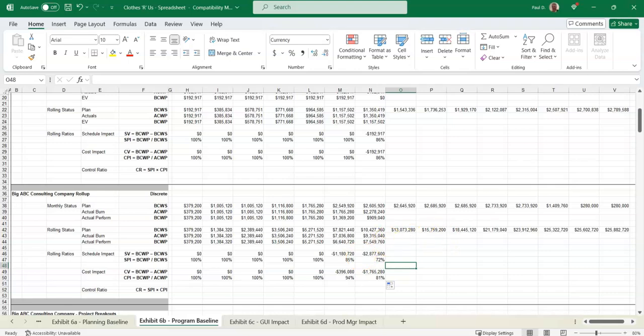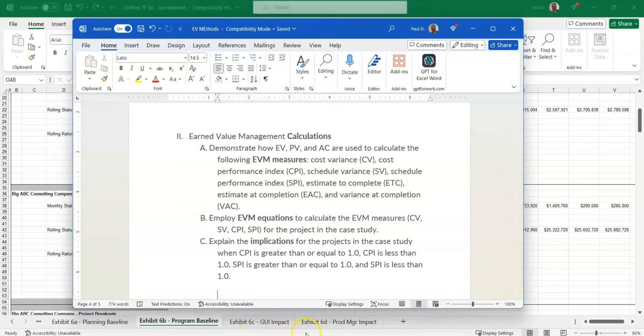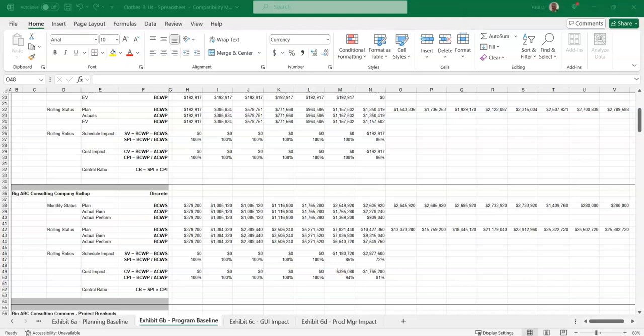And then you'll see the third section here, 2C, is explain the implications of the projects in the case study when CPI is greater than 1.0, CPI is less than 1.0, and then SPI greater and less than 1.0. What is it basically telling us? And you'll do that verbally in your assignment paper.